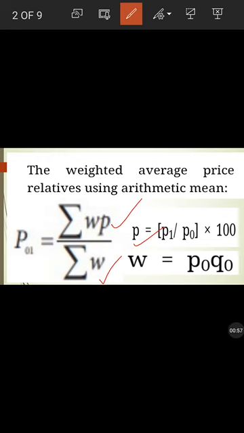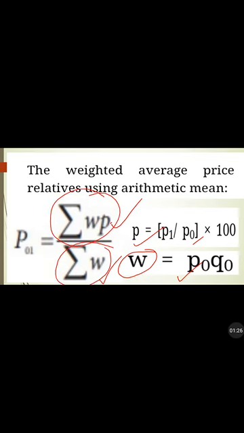So this is the formula to calculate P. Here we have a new variable, that is W. W is equal to P0 into Q0. That is, we calculate the base year price with base year quantity, that is the weight. So the formula is summation WP divided by summation W. This is the formula for arithmetic mean.